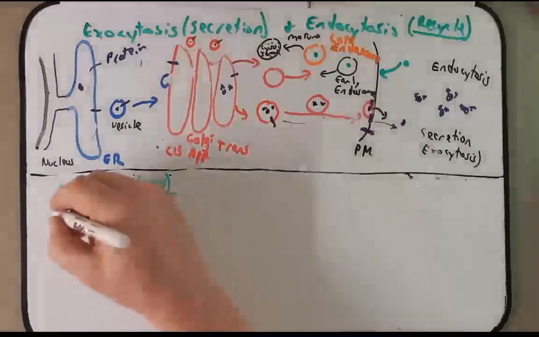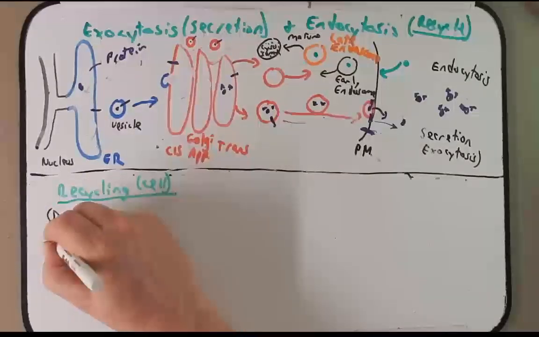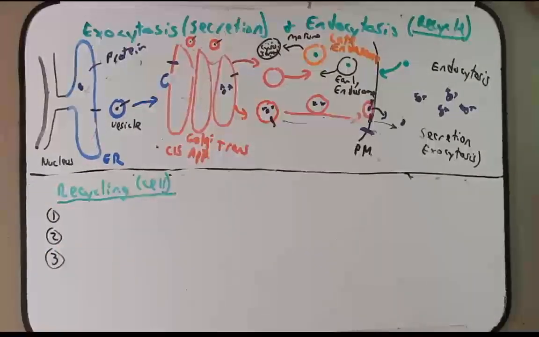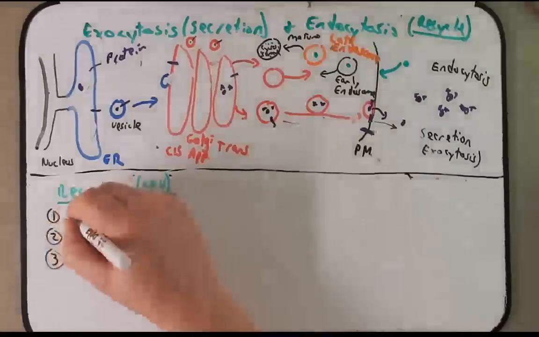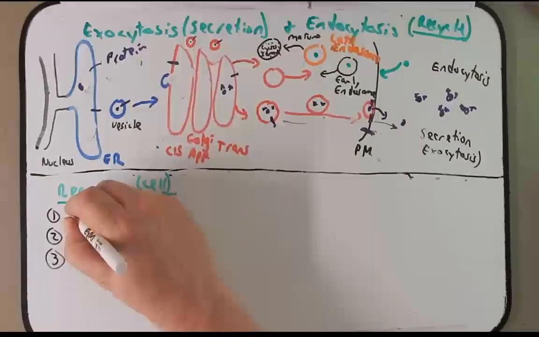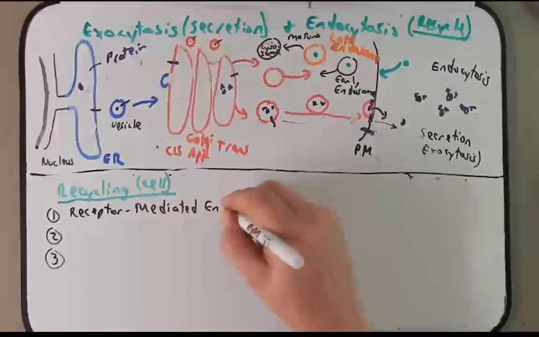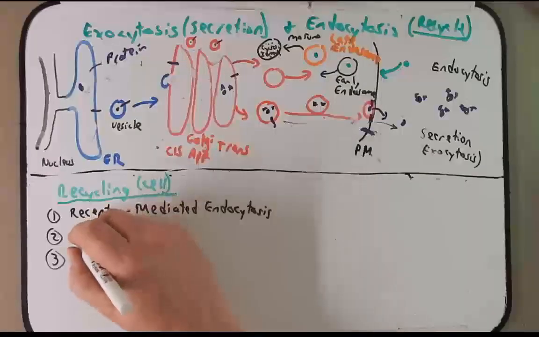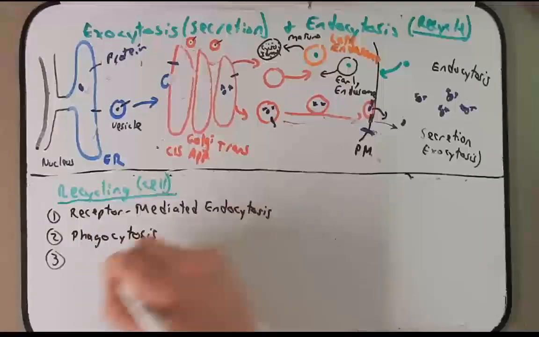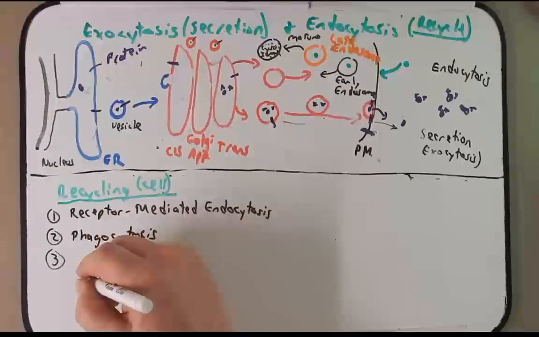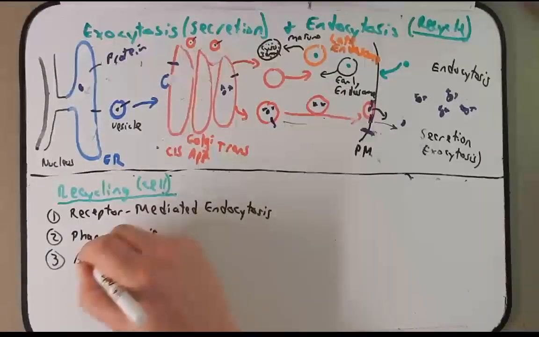We can think of 3 different ways that a cell can recycle larger molecules, larger materials, into smaller usable materials. They include receptor-mediated endocytosis. They also include phagocytosis. And finally, they include autophagy.